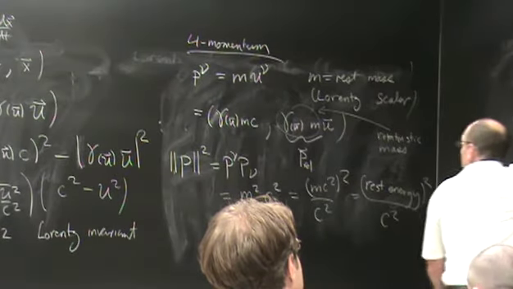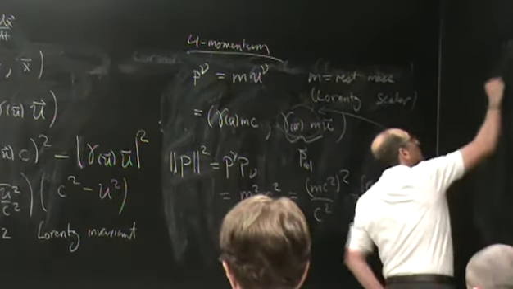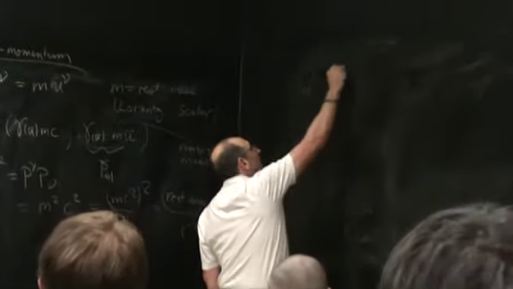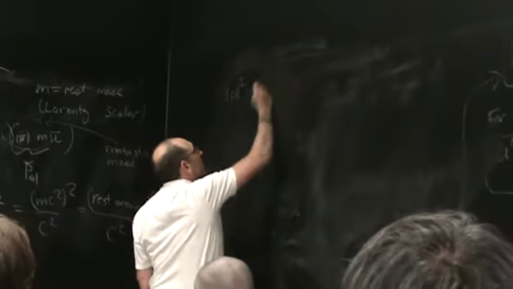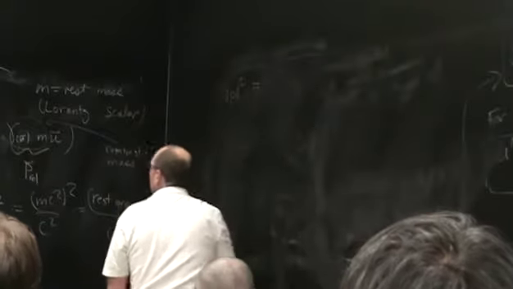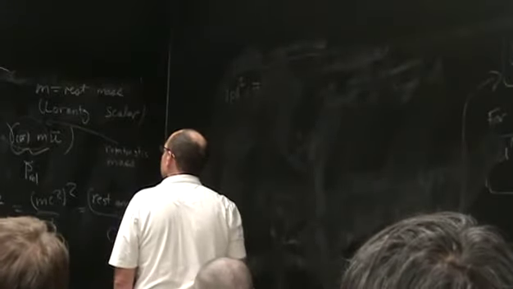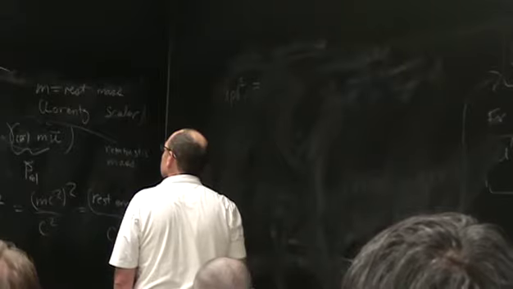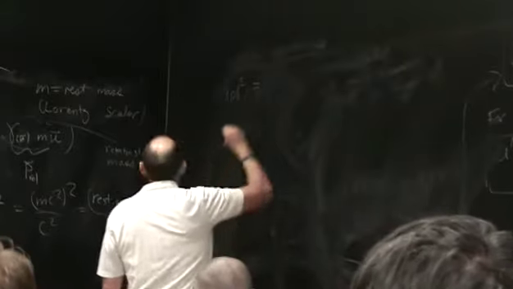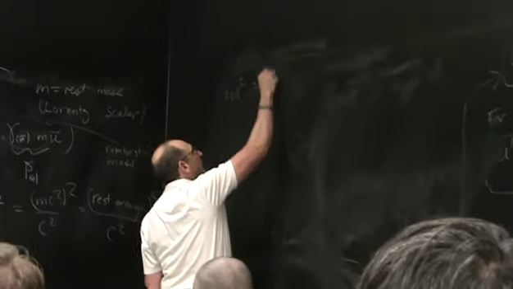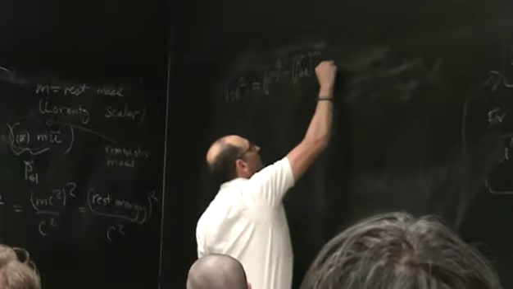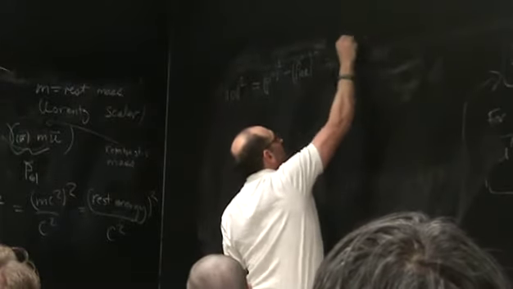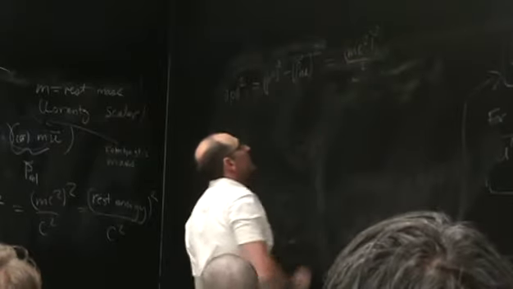All right, so if we write this out, the norm squared of the four momentum: P0 squared minus P relativistic squared is equal to (mc squared) squared over c squared.